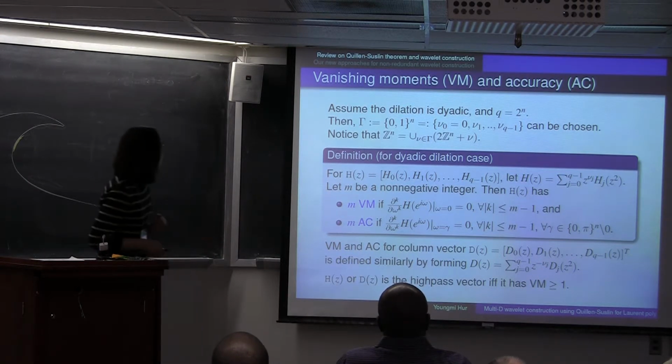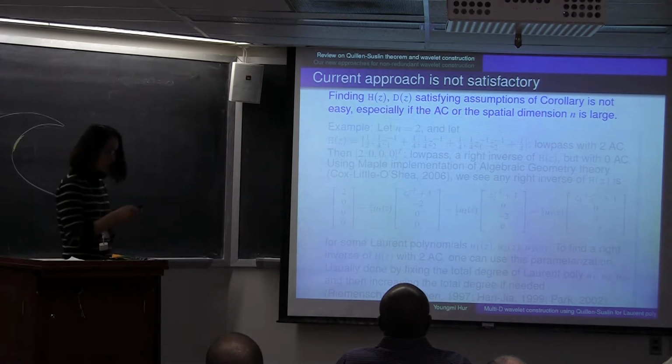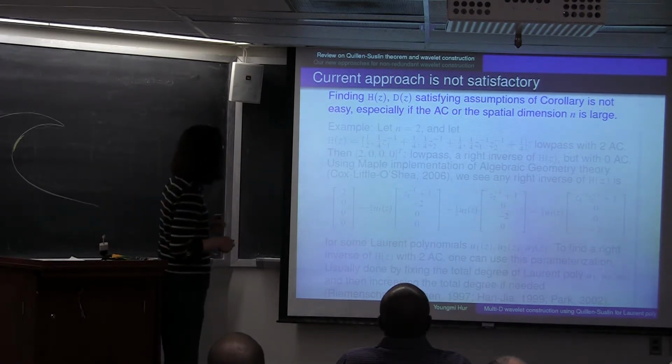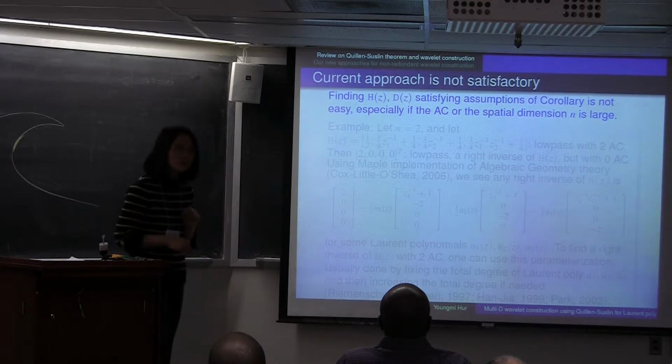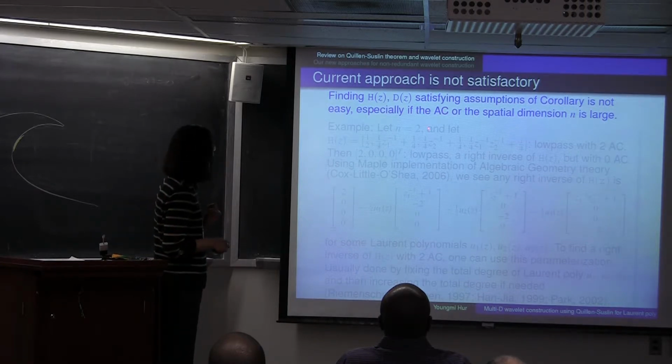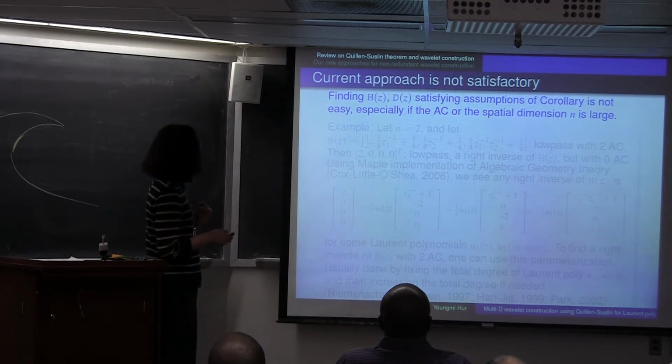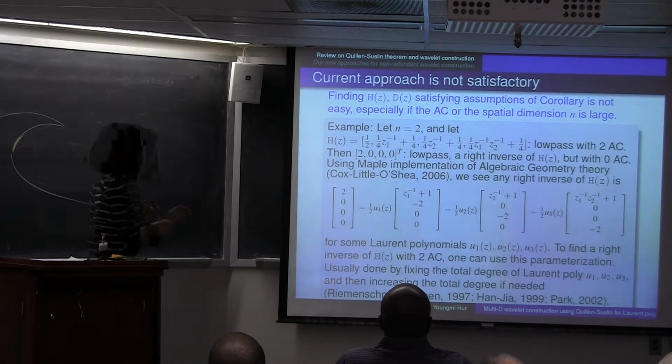Okay? So with that in mind, I want to make the point that finding h of z and d of z, satisfying the assumptions of the corollary I just showed you, is not easy, especially if the accuracy or the spatial dimension is large. So here's an example.